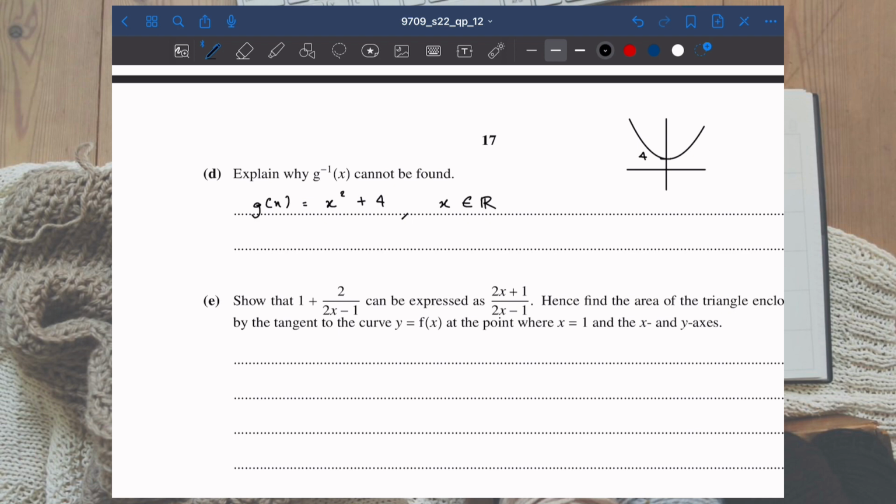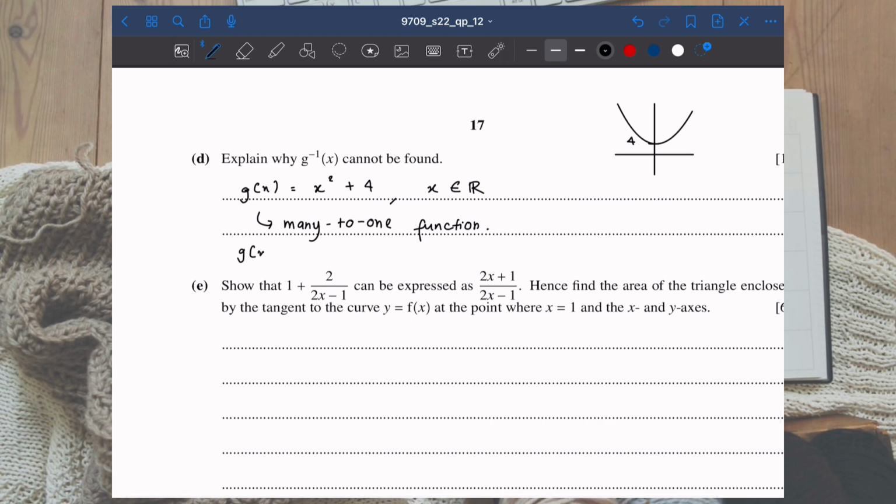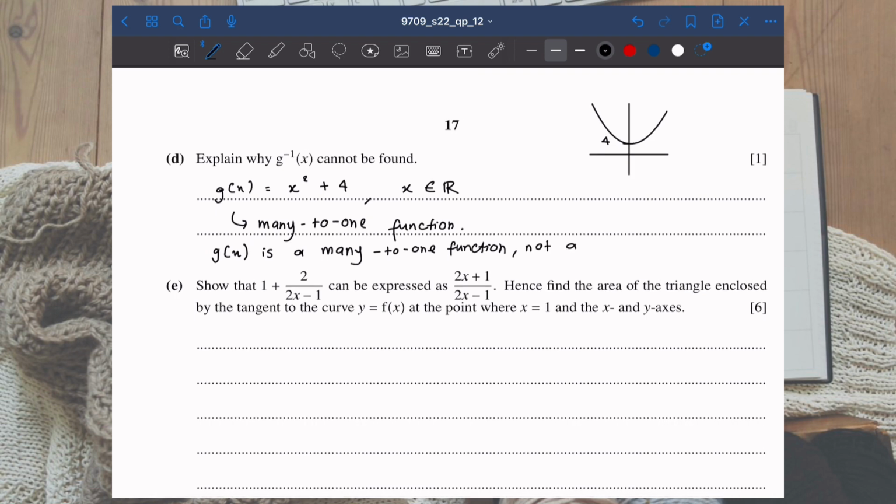And since it's for all real values of x, g(x) is a many-to-one function. An inverse can only be found if the function is a one-to-one function. So g(x) is a many-to-one function and not a one-to-one function.